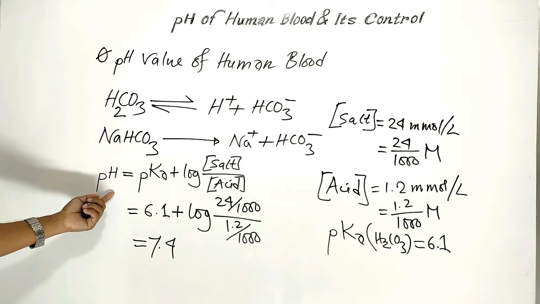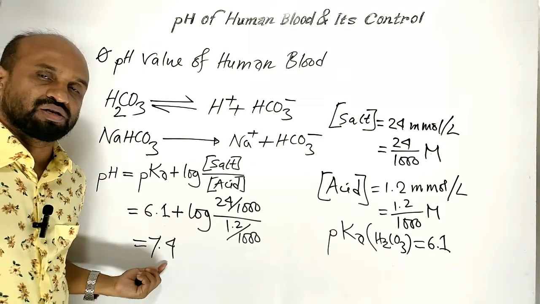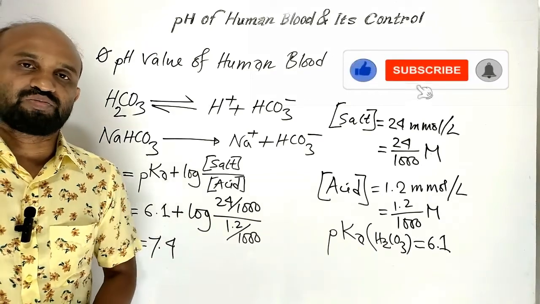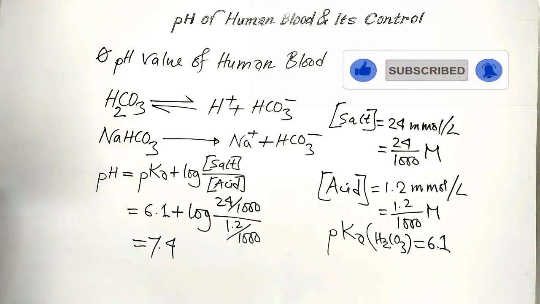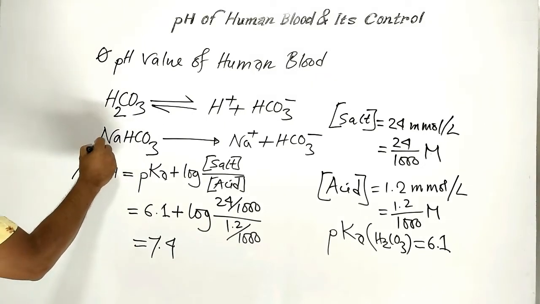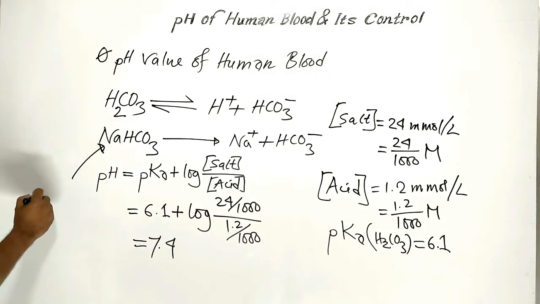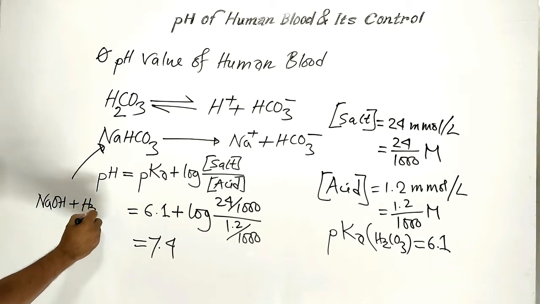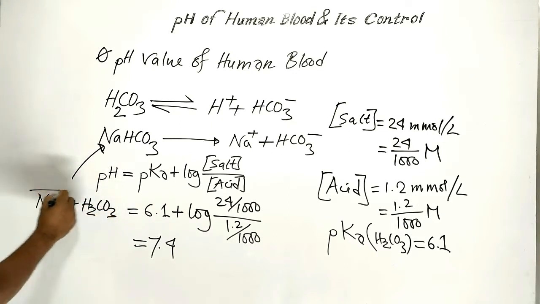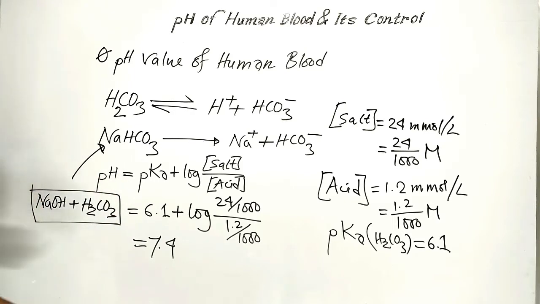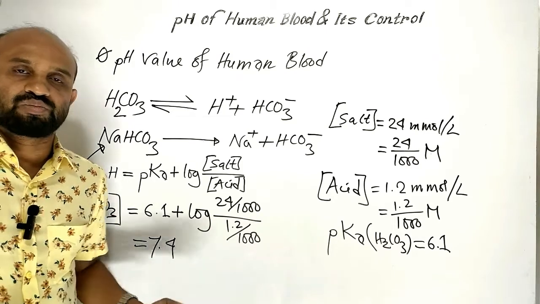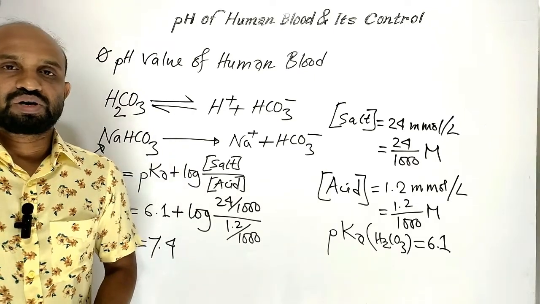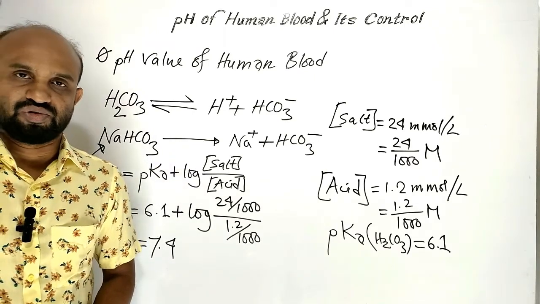So pH value of human blood is 7.4, which is a bit basic in nature, because here this salt is of strong base and weak acid. That is why it is a bit basic in nature. So pH of a human blood is 7.4.